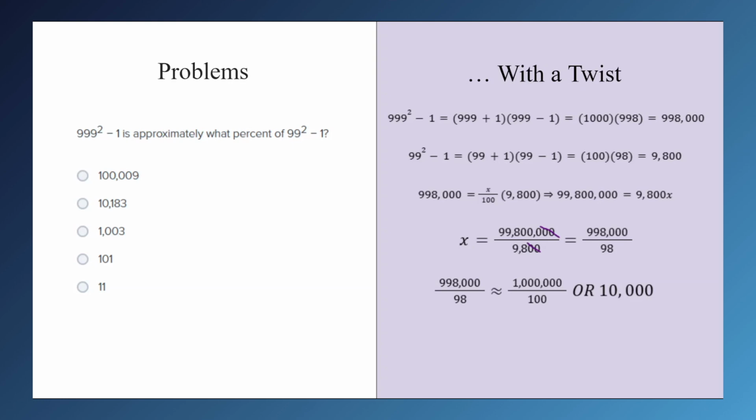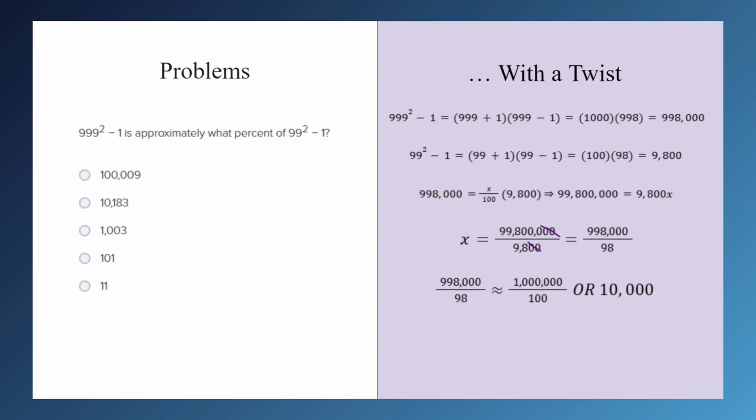Since 10,000 isn't in the answer choices, we will have to look for the closest match. The closest to 10,000 is going to be B, 10,183. It's the closest by a significant margin.